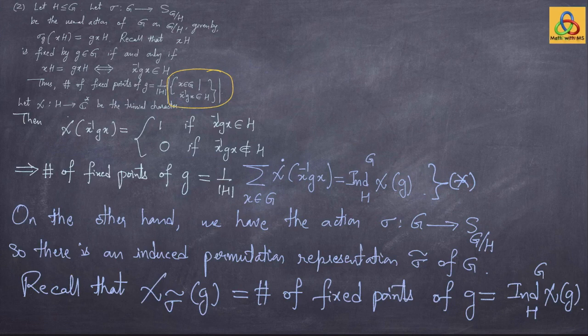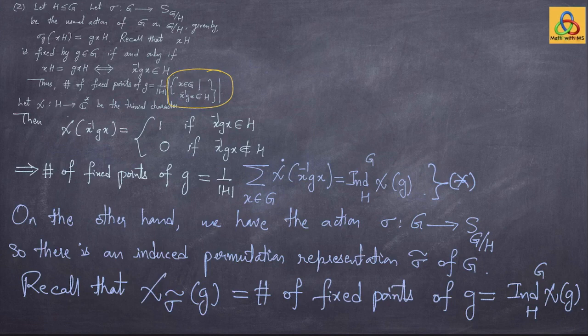So, what does it show? It shows that if you take a subgroup H of a group G and take the trivial character of the subgroup, then the induced character is precisely the character of the permutation representation of the coset action. And we know that two representations have the same character if and only if the representations are equivalent.